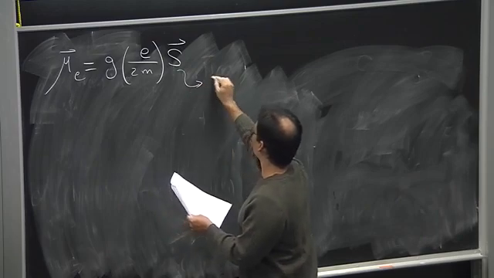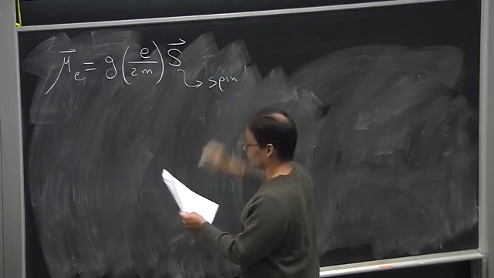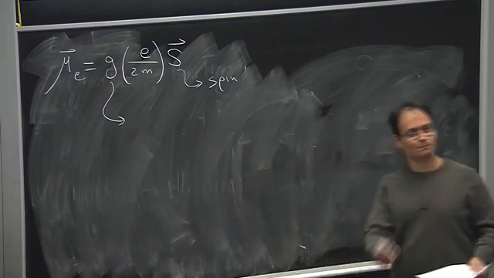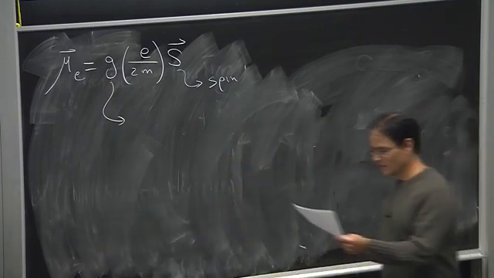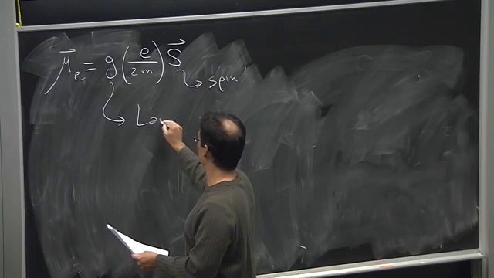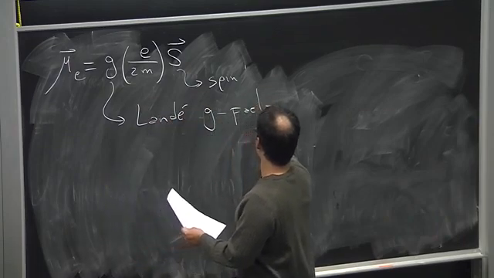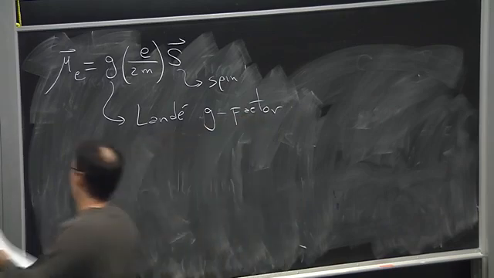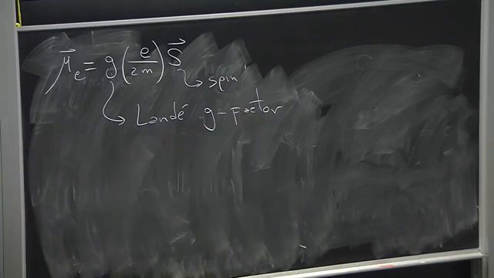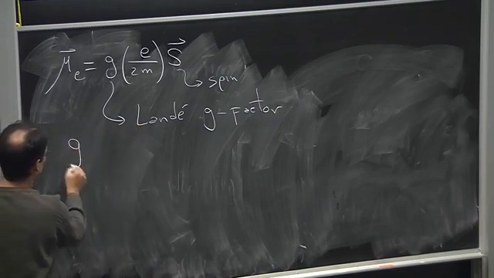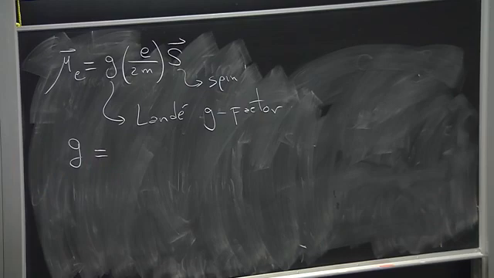where this is a spin operator. And this g is also called the g factor. In quantum mechanics, we learned that for the electron, at least the value that everybody writes in the books, is what?